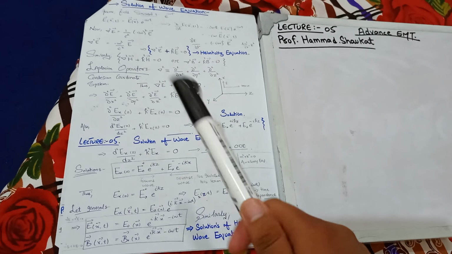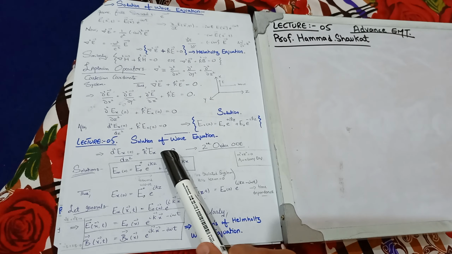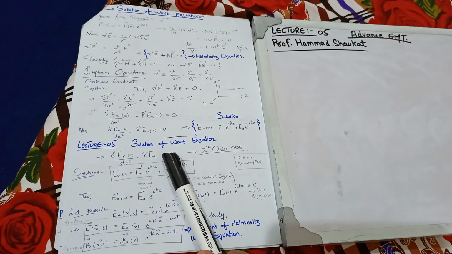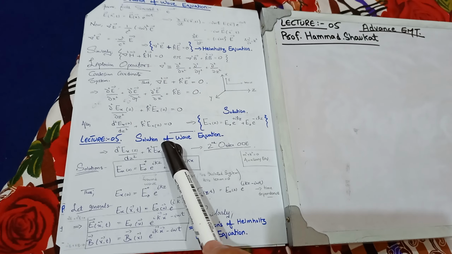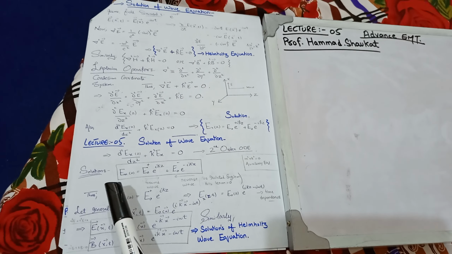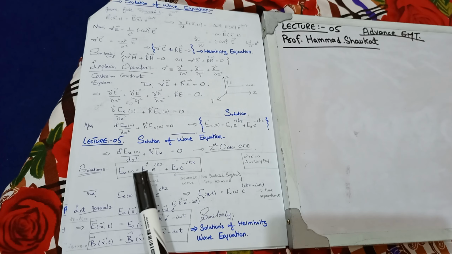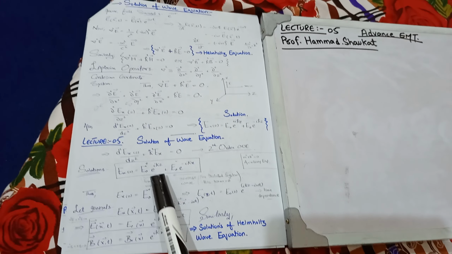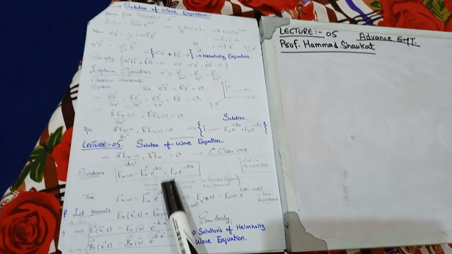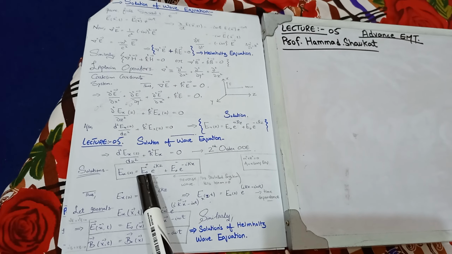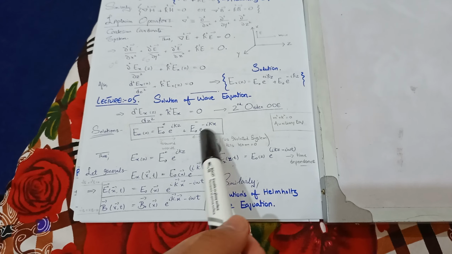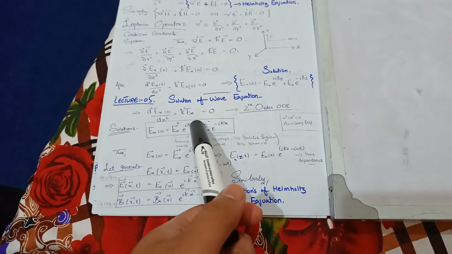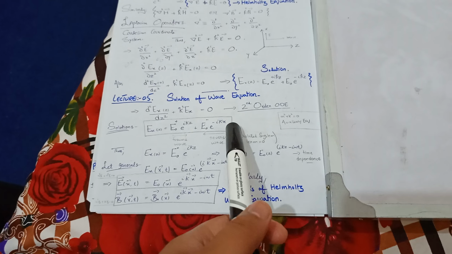And what's the solution of this wave equation? You can solve it simply by applying ordinary differential equation methods. By using the auxiliary equation, you can get the final solution, which is Ex equals E naught plus e power iota kz plus E naught minus e power minus iota kz, where E naught plus and E naught minus are the amplitude constants of this wave, and e power plus iota kz and e power minus iota kz are the wave functions.